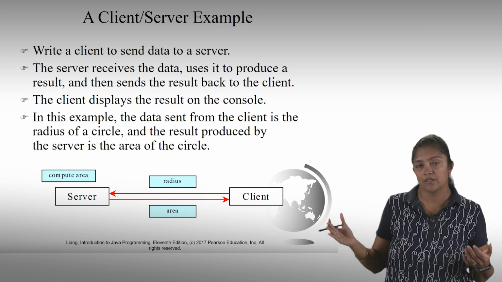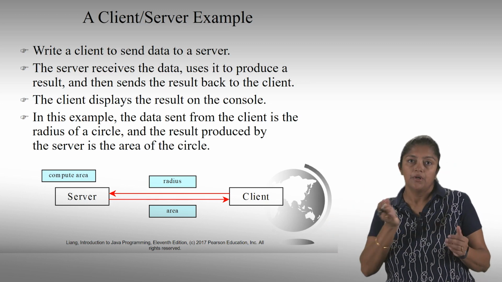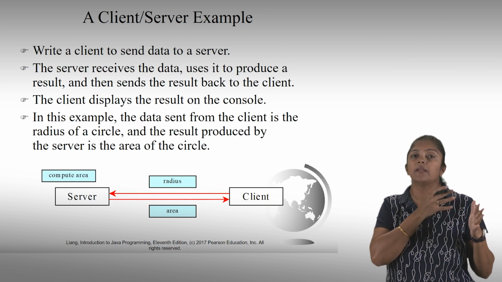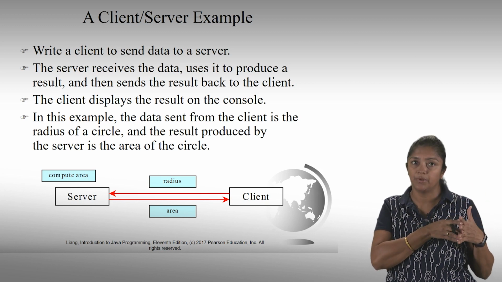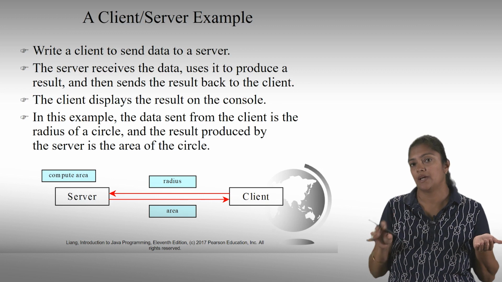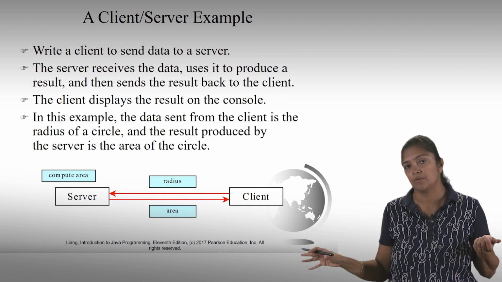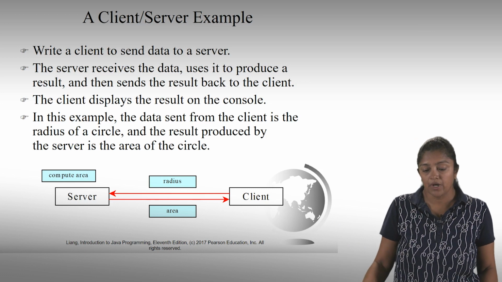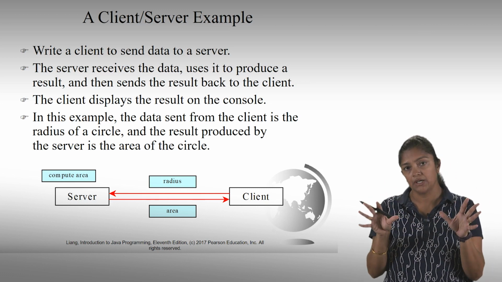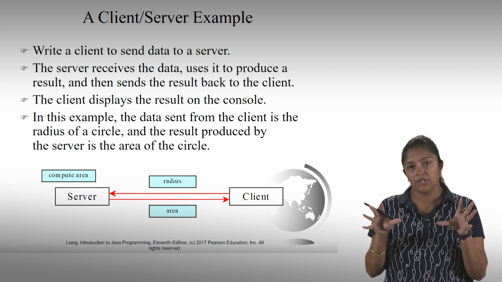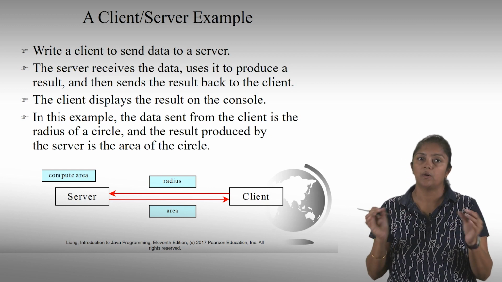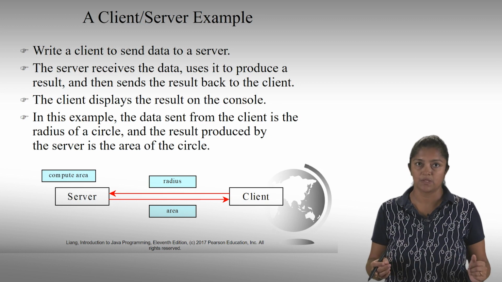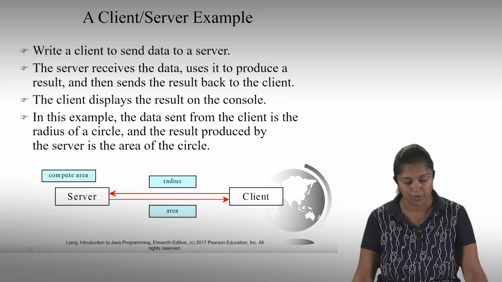The client sends the radius value to the server, the server reads it from the I/O stream, and then does the computation, computes the area, and then writes the area back onto the I/O stream so that the client can receive it and read it. I'll show you how the communication is set up, and then how the values are passed between the two programs.